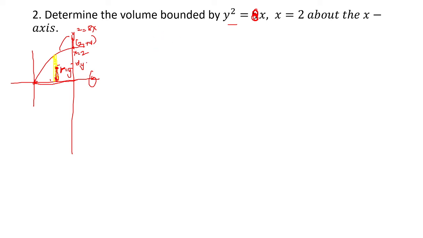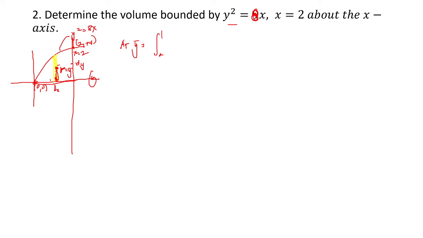We already got the points of intersection, so 0, 0, and this will now be from 0 to 2. Our strip is dx now.